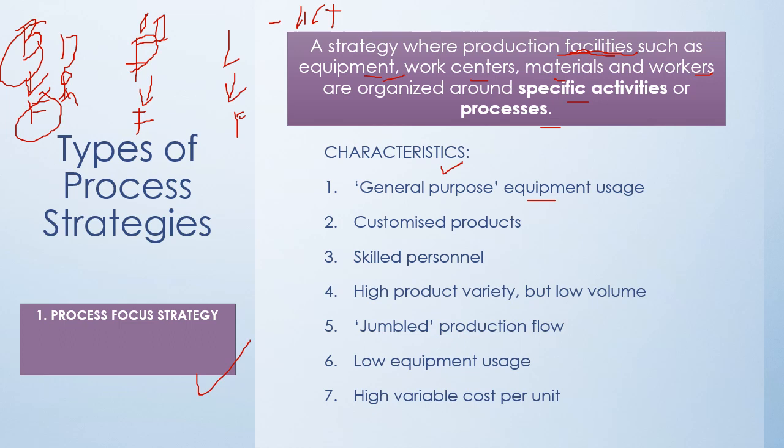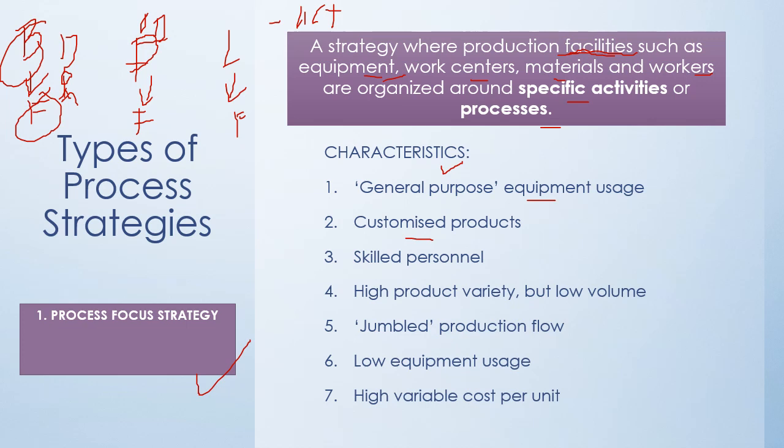So that is general purpose. So the opposite of general purpose is specific purpose lah. And process focused strategy is suitable for customized product. So what is meant by customized product? It is the product where the customer comes and order first before the production starts.